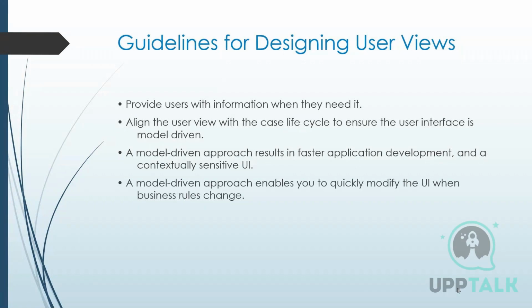And do not let the users guess what is happening with the application. So be clear with the instructions. Give the labels wherever it is necessary. And one more important thing is your design consistency. Maintain a consistency throughout all the screens in your application.